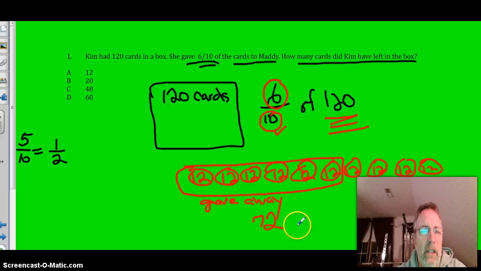The question is, how many cards did Kim have left in the box? Well, again, this was what was given away. So therefore, this must be what was still in the box.